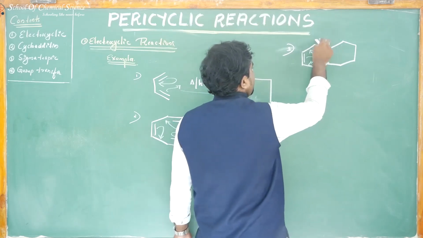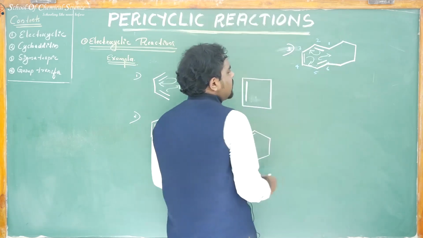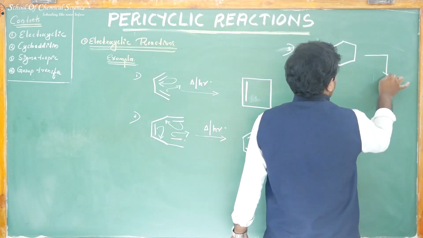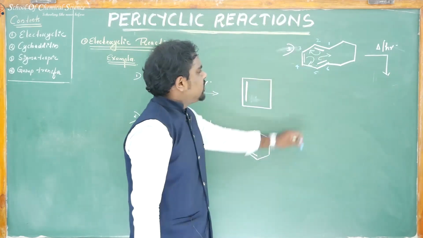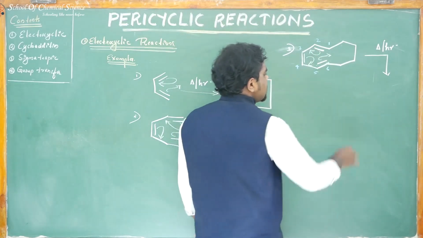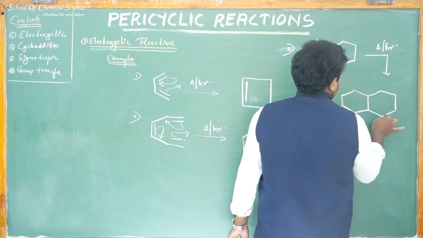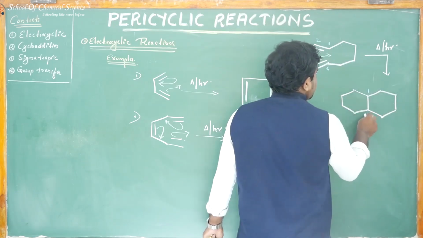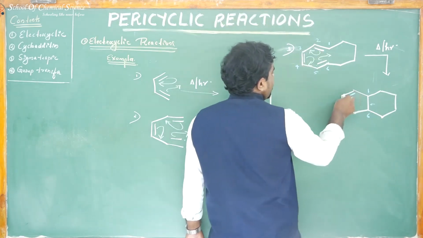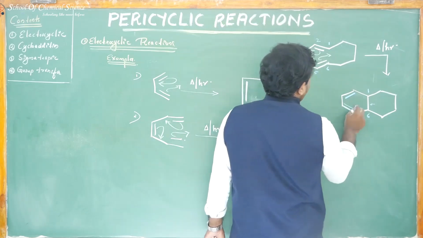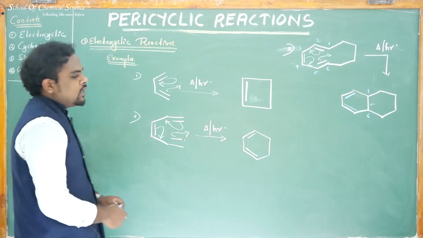You can number the carbons 1, 2, 3, 4, 5, 6. So a new sigma bond is formed in the presence of heat or light between the first and 6th carbon. Between 2 and 3 a new pi bond, between 4 and 5 a new pi bond. So that is about the electrocyclization of that molecule.